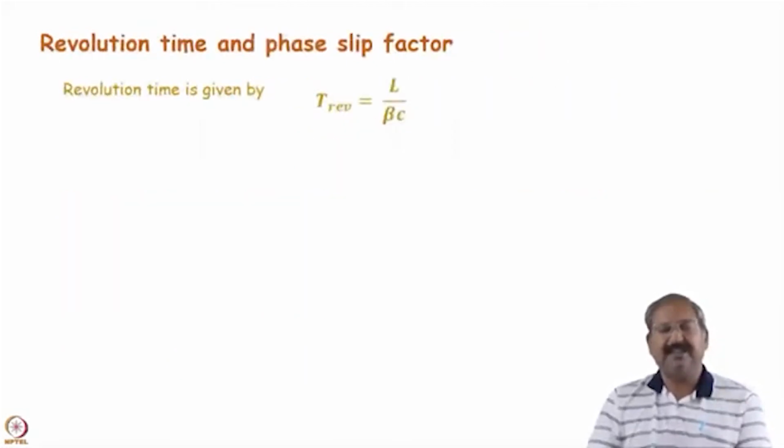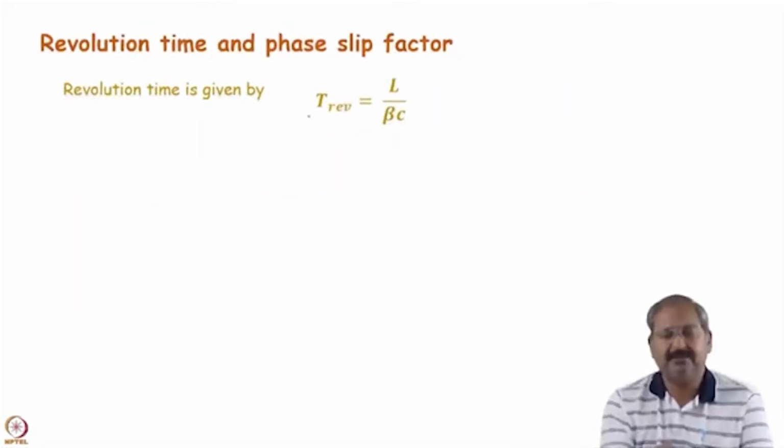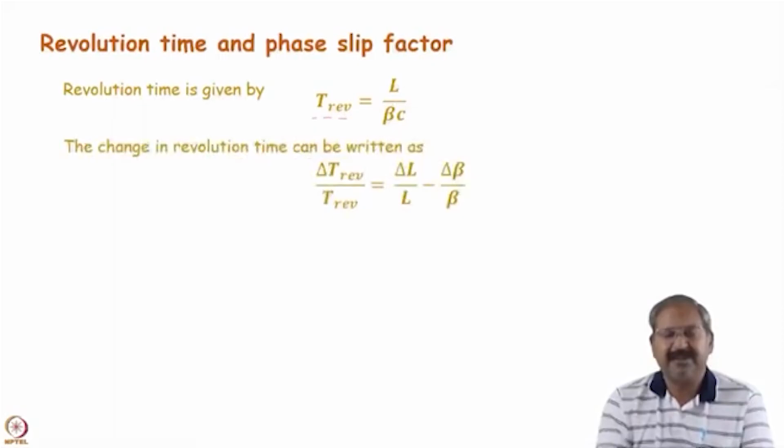So we calculate how much the revolution time is changed. T revolution is given by L by beta C. So delta T by T, taking the logarithmic derivative of the above equation, will be delta L by L minus delta beta by beta. C will not be differentiated. It is a constant quantity, the speed of light. This beta C is the velocity, so beta C is v.